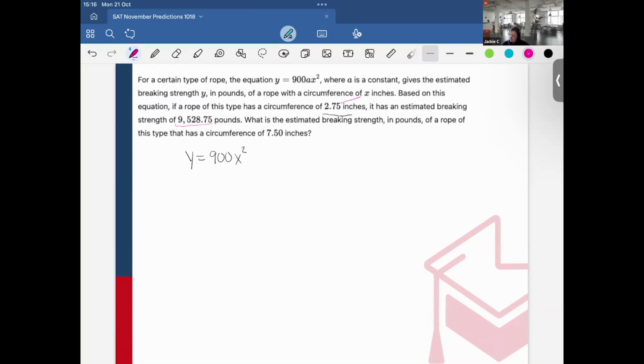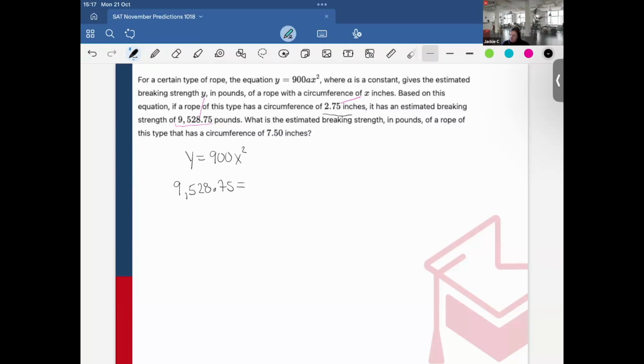What is the estimated breaking strength in pounds of a rope of this type that has a circumference of 7.5 inches?